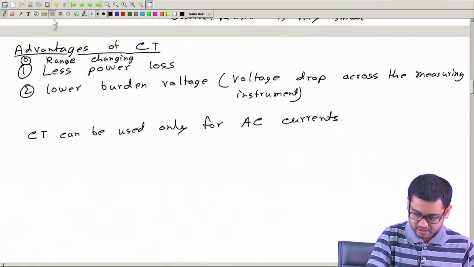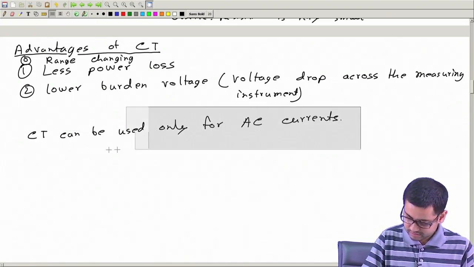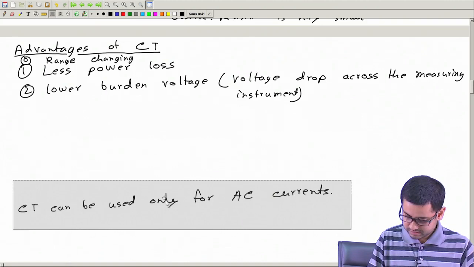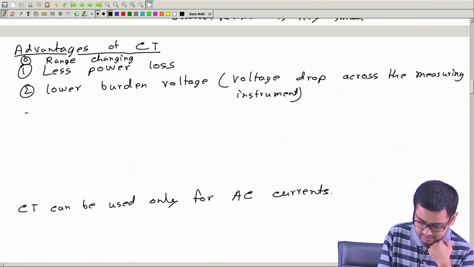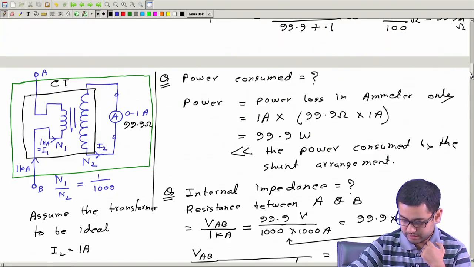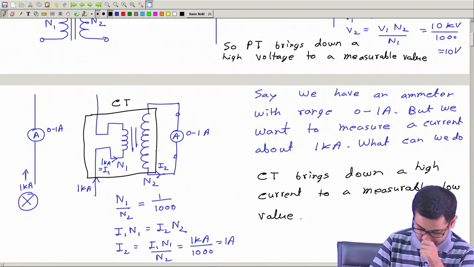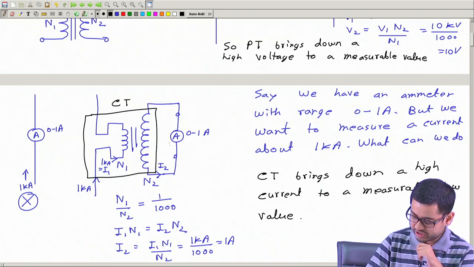This is about CT. So this is how we use a current transformer. The ammeter is connected across the secondary of this transformer.